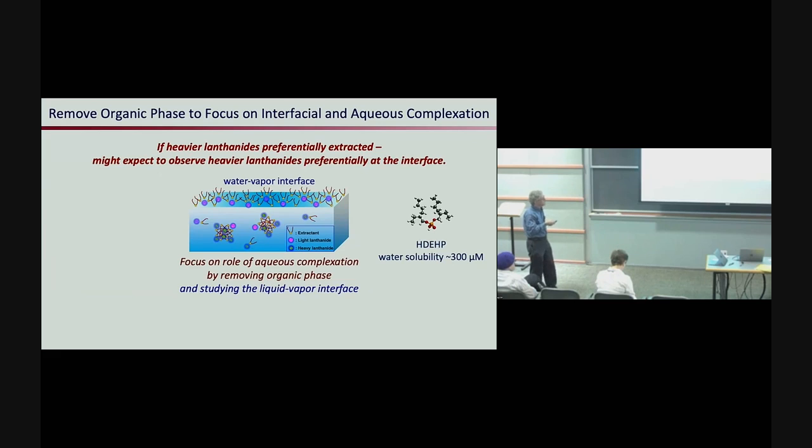And so for these measurements that I'm going to show you for the next few slides, we've gotten rid of the organic phase. It turned out that the kind of measurements we relied on for what I'm going to show you actually don't depend on this. That is, I'm not actually going to show you measurements that show you the ordering. I'm just going to show you measurements that measure the ion density, that is the number of ions per square angstrom at this surface.